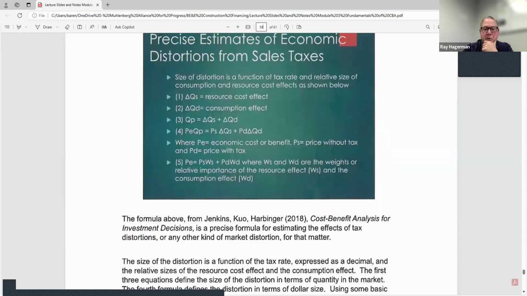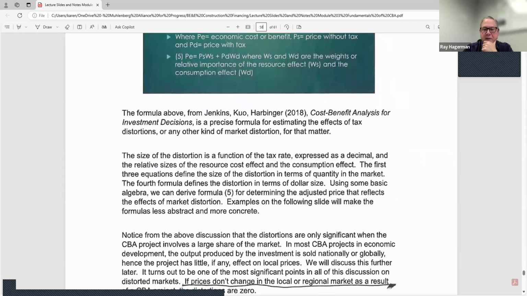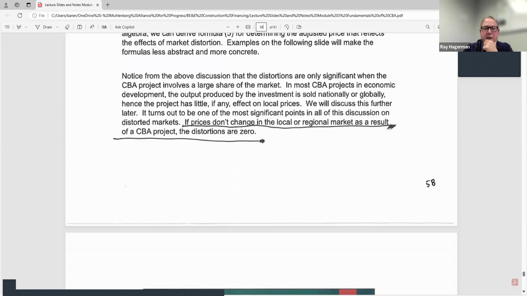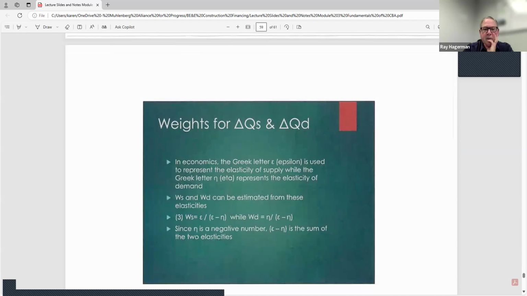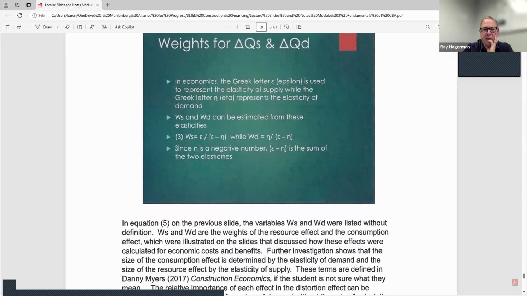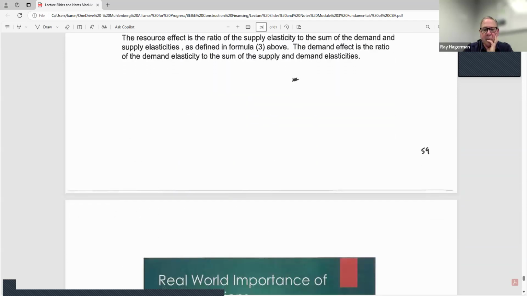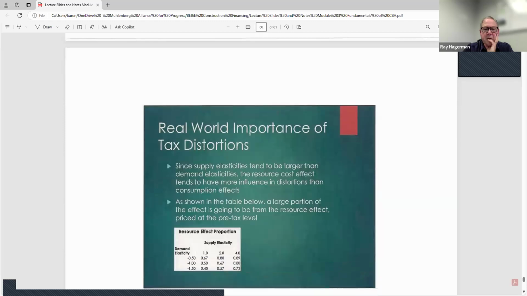You probably aren't going to have to parse these out exactly, but just recognize that if prices don't change in the local or regional market as a result of a CBA project, then you have no distortions, and that stands to reason. You can also talk about weighting quantities and the demand. Again, an interesting concept. You won't be responsible for it.